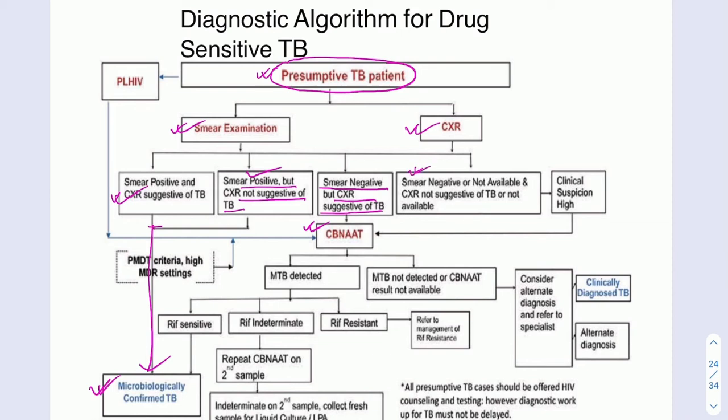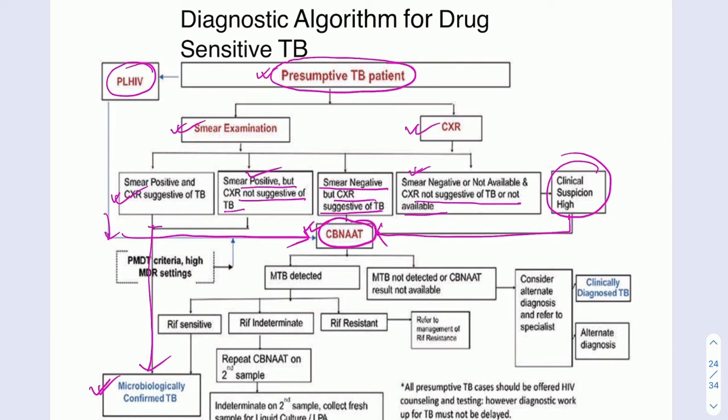Smear is negative or not available and chest x-ray not suggestive of tuberculosis, but clinical suspicion is high, then again we will go ahead and do a CB-NAT. For people living with HIV/AIDS, we will directly go ahead and do a CB-NAT. CB-NAT stands for cartridge-based nucleic acid amplification test.